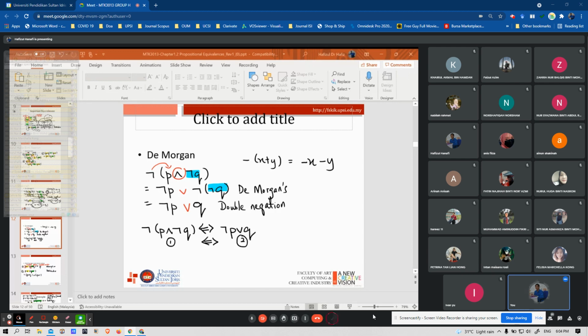And then respectively, when you have the conjunction, you need to negate to disjunction. Bear in mind, you need to negate either disjunction or conjunction. This one is conjunction. The other one is disjunction.